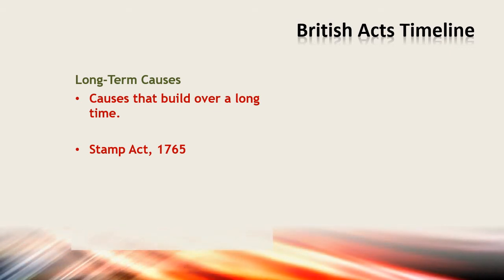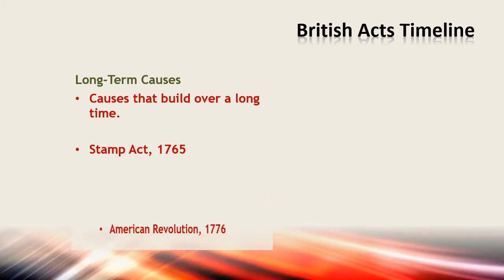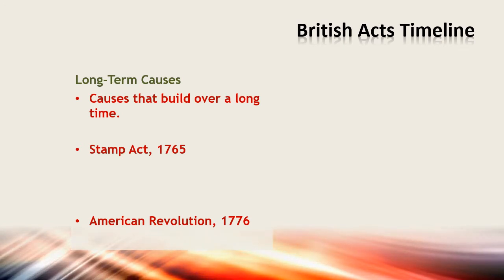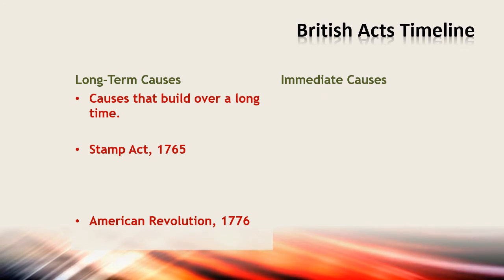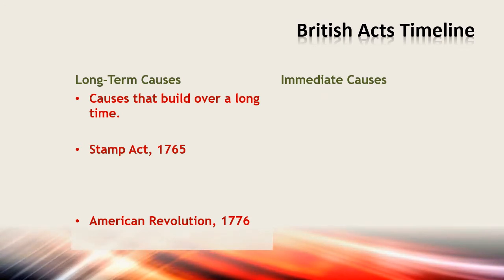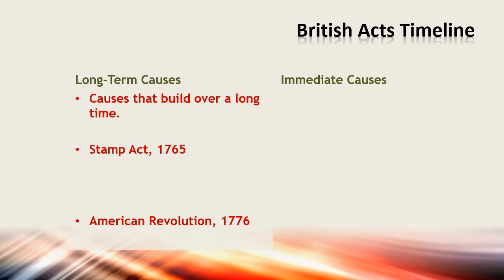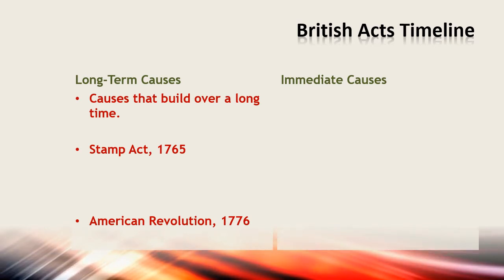They burned a lot of stuff and got really violent, and the British backed down. Well, the American Revolution won't happen for quite a few years after the Stamp Act, so we can't say that the Stamp Act is an immediate cause. It's a long-term cause, a cause that is in the background, building slowly.